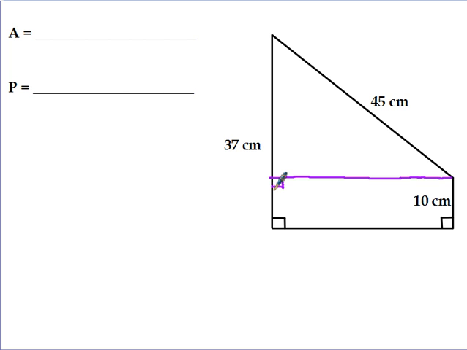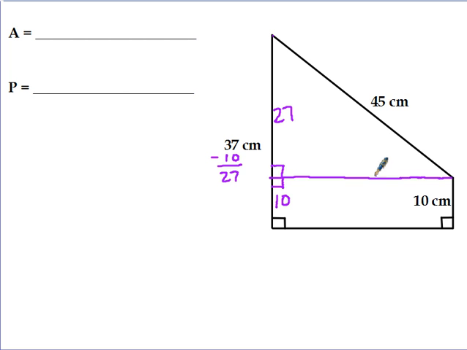Okay. So if I make this little rectangle here at the bottom, if this side is 10, that means this side is 10. Now this whole thing was 37, so if I subtract 10, that means that this piece has to be 27.